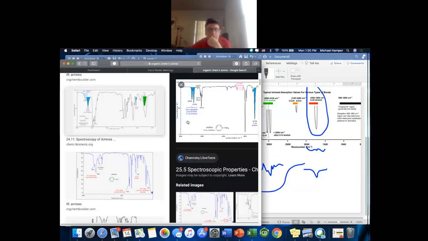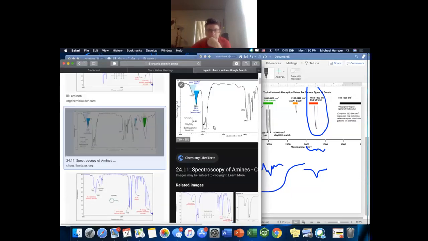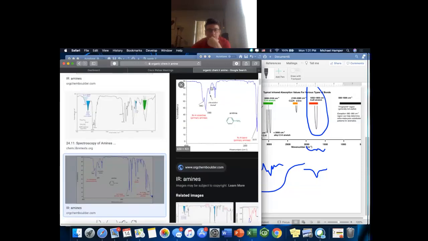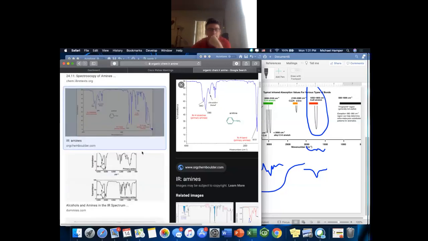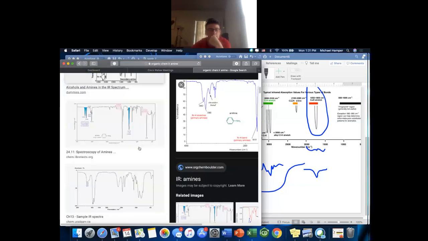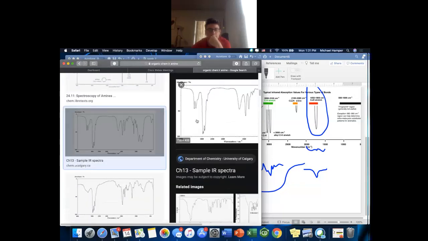Other ones like this big thing, that's not an alcohol, that's actually just a bunch of CHs. And again here, your amine stretch is blending into your CHs, so a lot of people get confused on that. Here's just a bunch of CHs in a molecule.